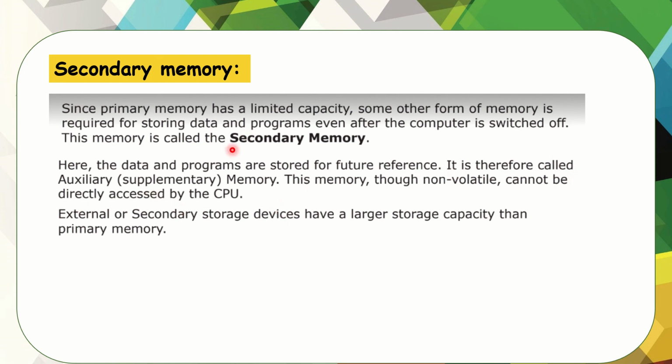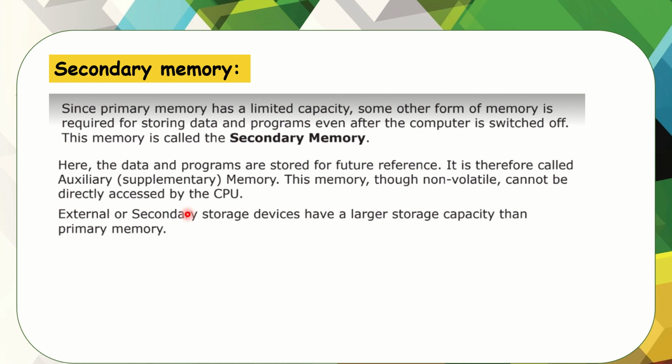The secondary memory can also be called auxiliary or supplementary memory, and this memory, though non-volatile, cannot be directly accessed by the user. Got it? Only primary memory is the memory which is directly accessed by the CPU. But secondary memory is not directly accessed by the CPU.